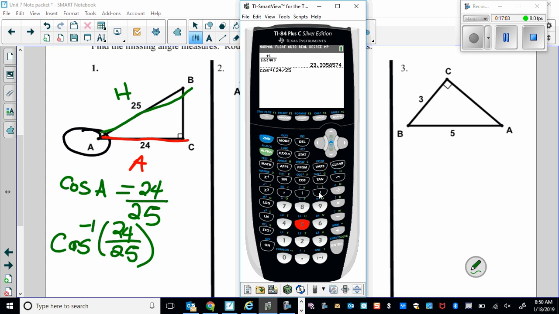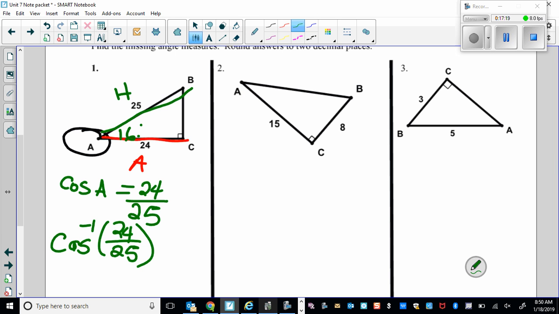Close parentheses, because it has the inverse function. We want to know what angle would give me the ratio of 24 over 25. So I do the inverse function. You press enter. 16.26 is what we got. So angle A is 16.26.